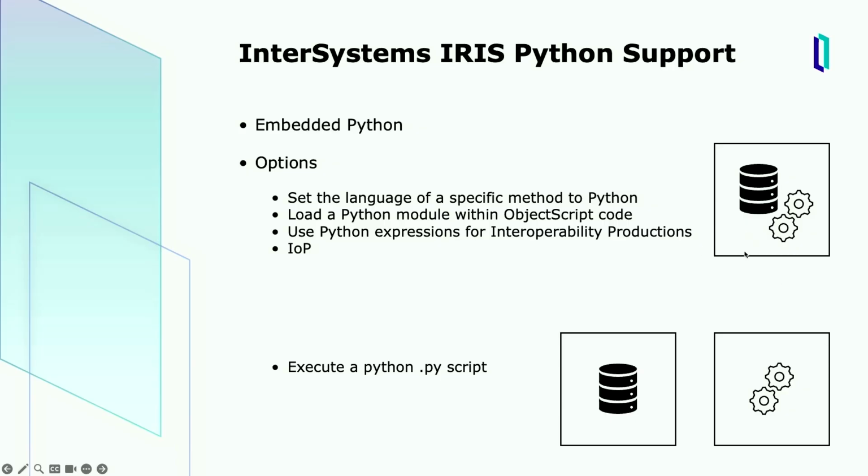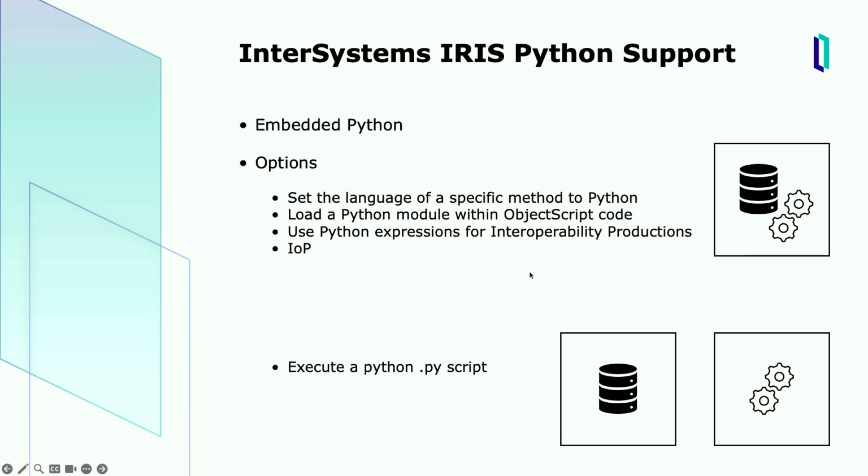These top options mean that your code, your logic, is actually running within the same process as your Iris process, while the option at the very bottom of this slide is an option where you're actually running a separate process, and it connects back into the database. So it's important to have that in mind.